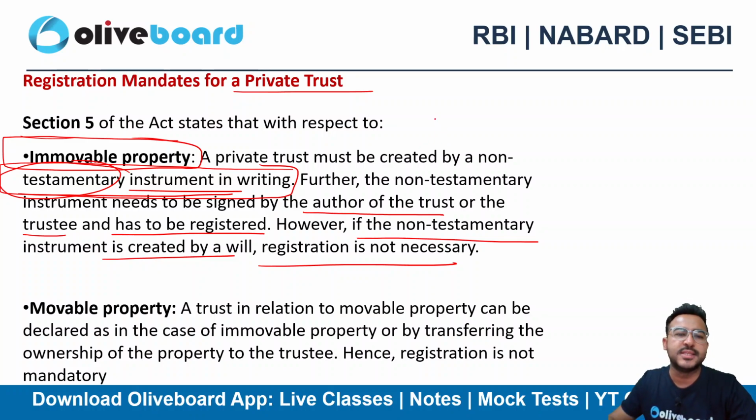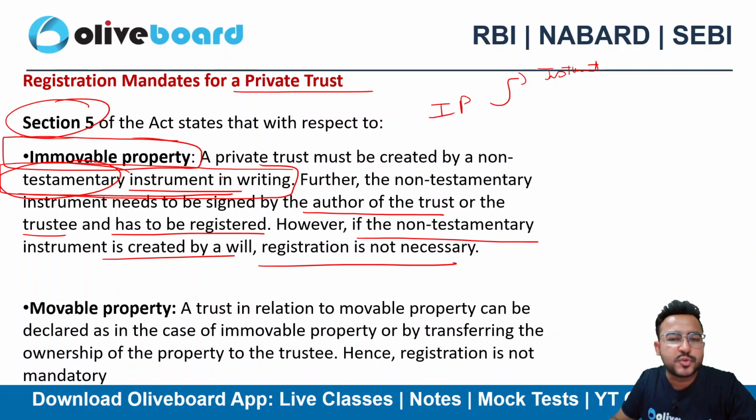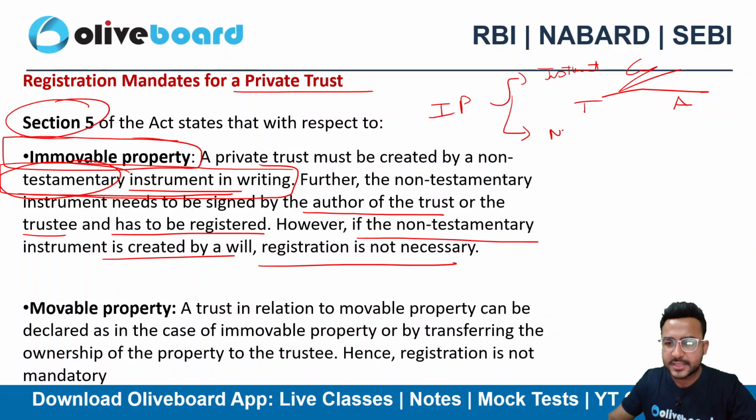Now, what you need to remember is Section 5 states that in case of immovable property, you need to have an instrument in writing, signed by the trustee and the author, right? However, if it is created by a will, then registration won't be necessary.